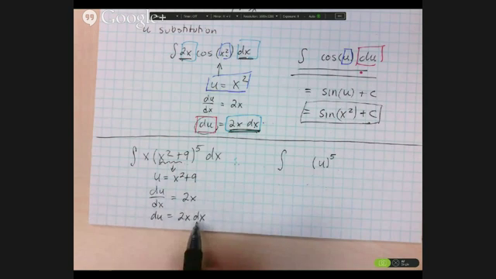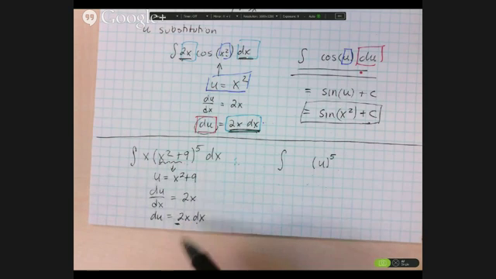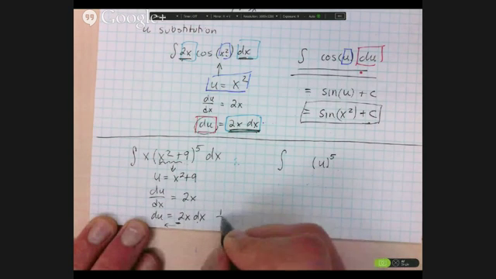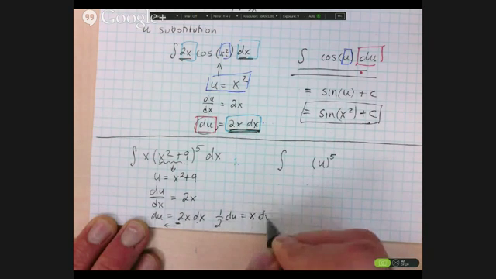Now take the dx over. Now, is there a 2 in the original? No. So I actually have to move it to the left side by division. All right, so what I end up with is 1/2 du equals x dx.